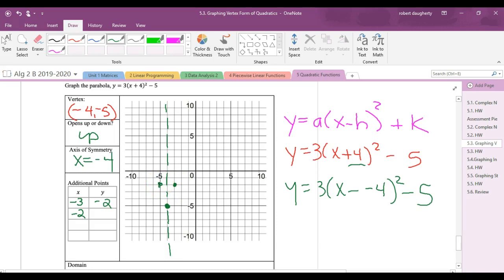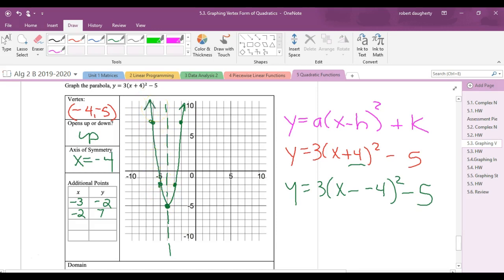Let's look at -2. 4 minus 2 is 2. So 2 squared is 4. 4 times 3 is 12. 12 minus 5 is 7. So -2, 7 is right here. The minute I know that point is there, there is a matching point right over there to the left of that. And this one is a sort of skinnier parabola.